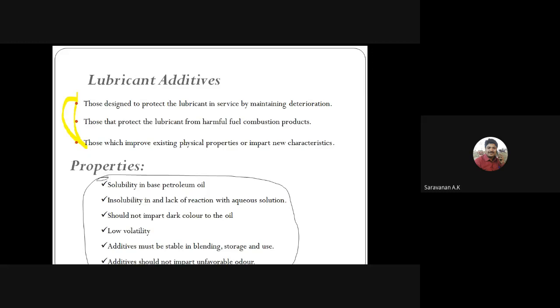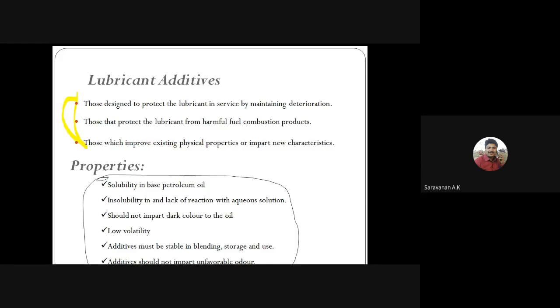So the use of the additives: the antioxidant. Antioxidant increases the oil and the machine life. The additives consist of chemical compounds and agents.